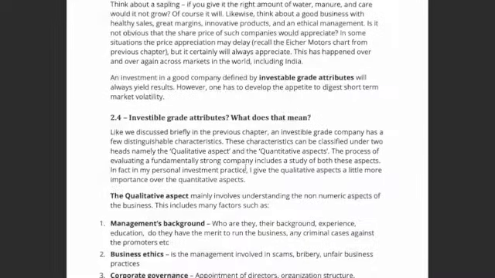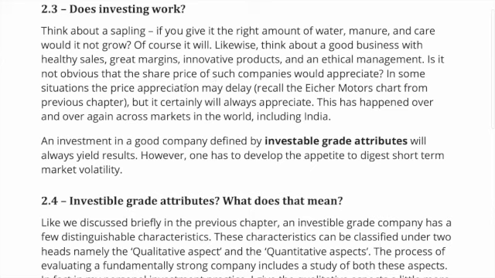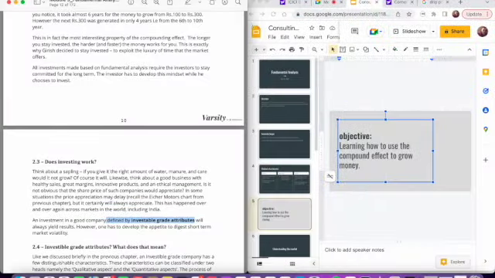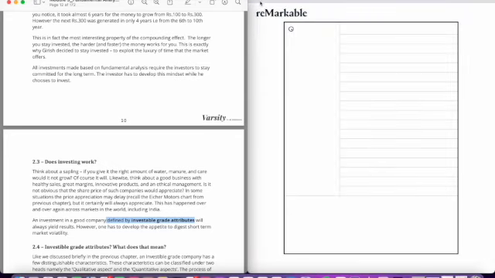2.3, does investing work? Yes. When you invest in a good company, defined by investable grade attributes. So we can write that down. So this is jargon. Investable grade attributes.